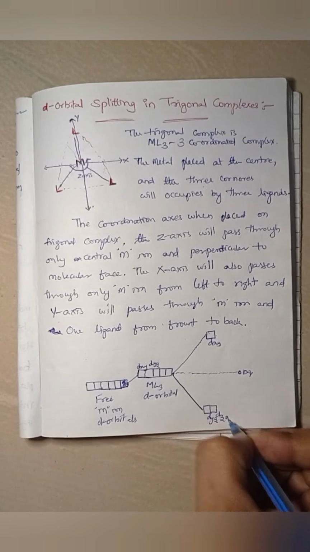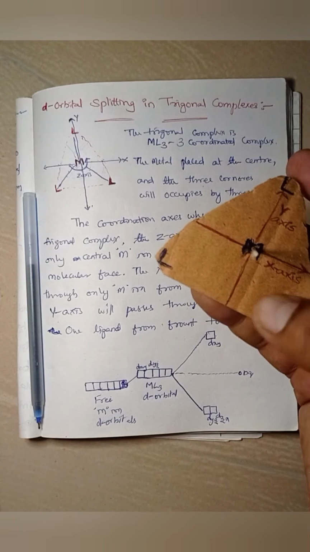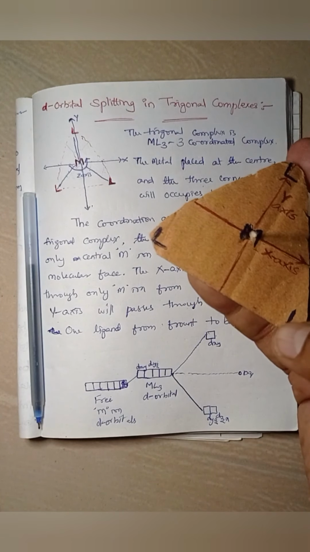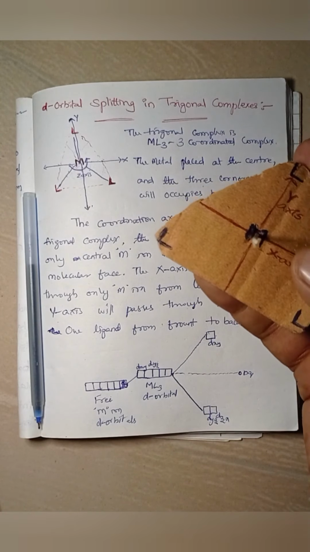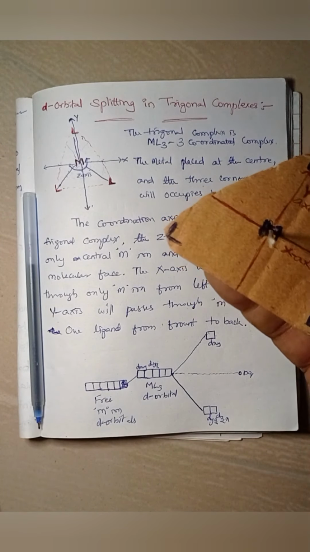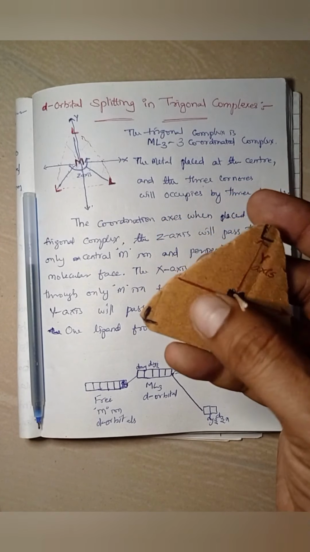Similarly, if we go with dzx, it also has lobes above the molecular plane and a very large distance from the ligand sides to the orbital lobes, so it could also be stabilized and reach the lowest energy level.